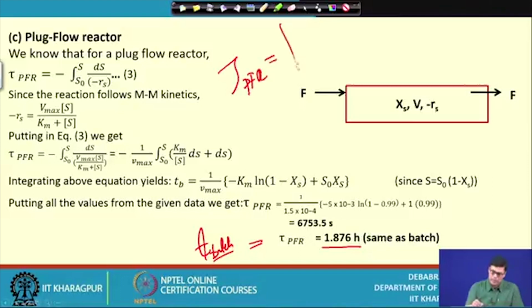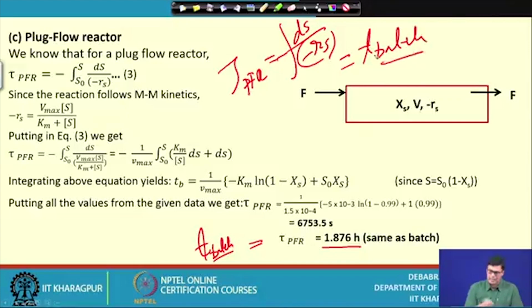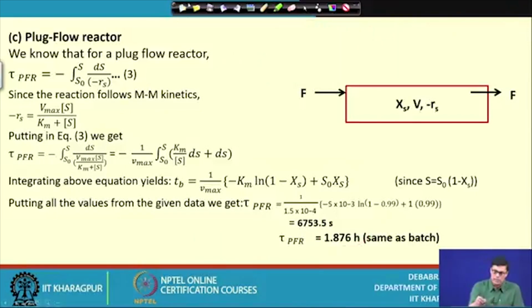What is the expression we have? Integral of minus dS by minus rS, am I right? This is equal to T batch. So for the same 99% conversion, the time requirement will be the same.